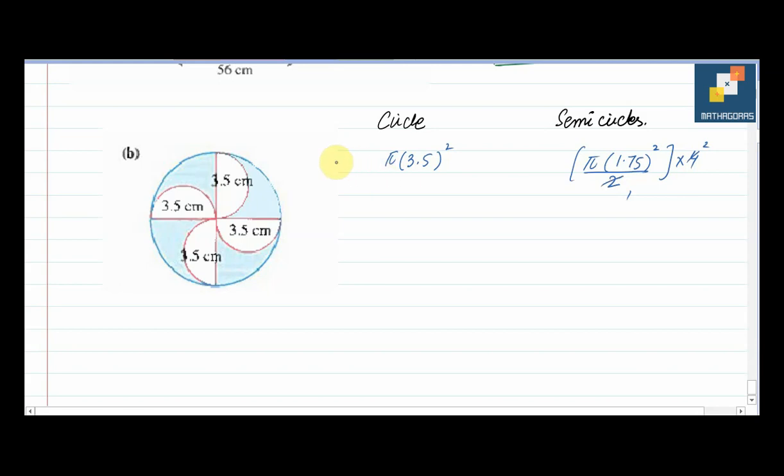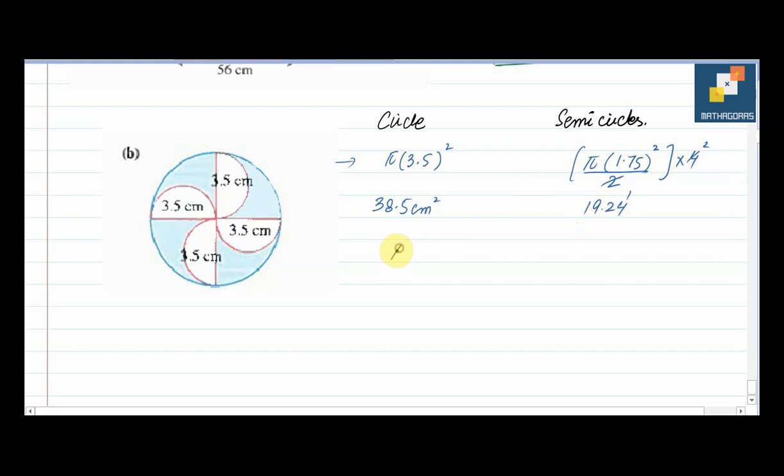First, this part, 3.5 square multiplied by pi, it's 38.5. So the area of the circle is 38.5 centimeter square, and the area of 4 semicircles is 1.75 square multiplied by pi and multiplied by 2. So it's 19.24.